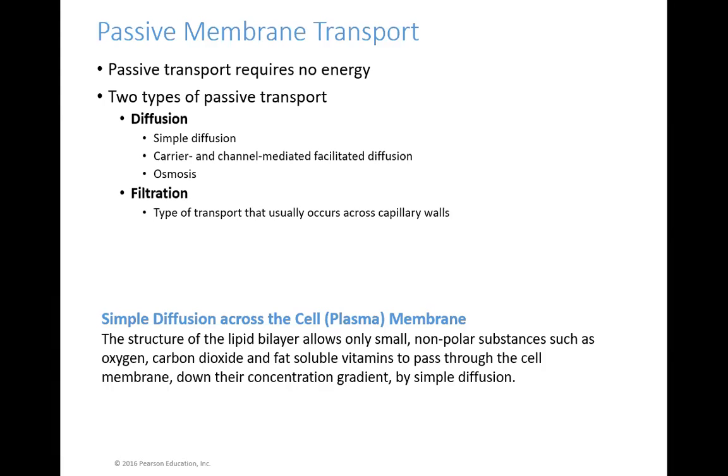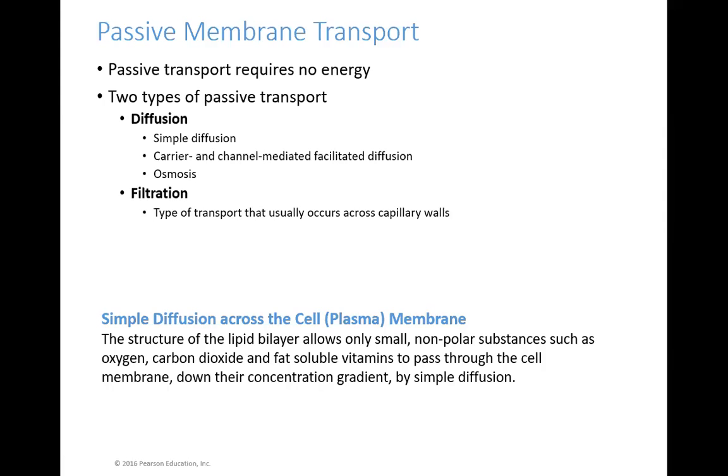Now, simple diffusion across the membrane is simply moving a substance across the membrane from high concentration to low concentration. That's all it is. Oxygen moves into the cell through simple diffusion.